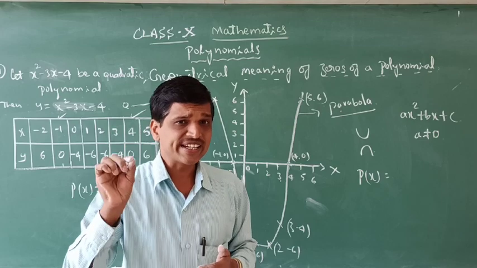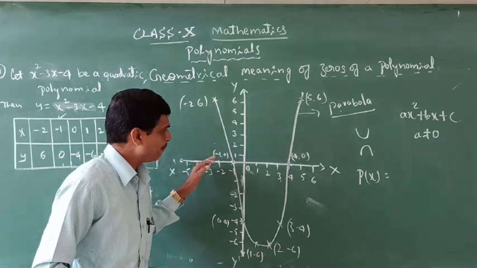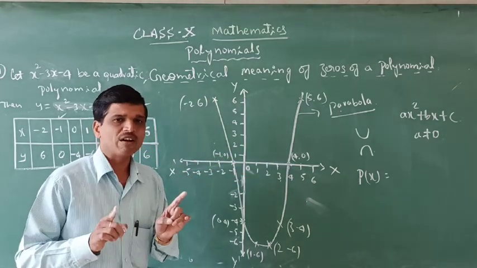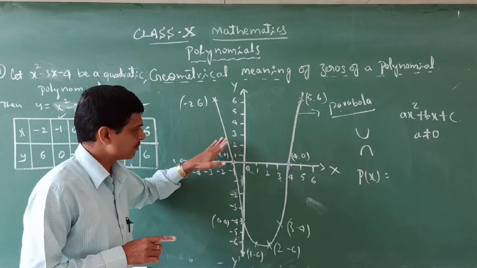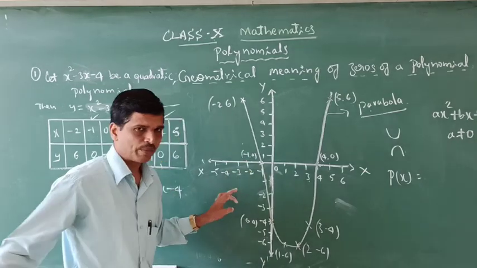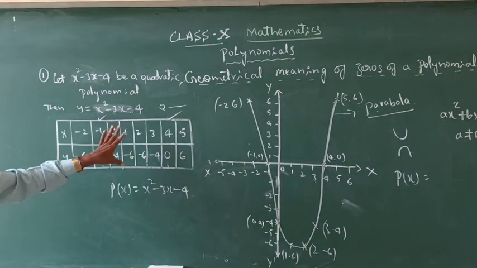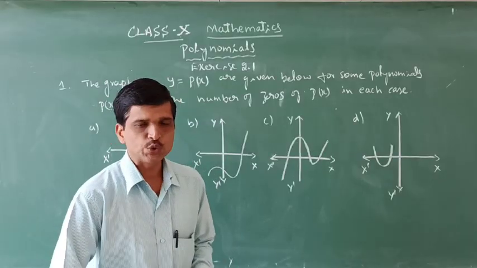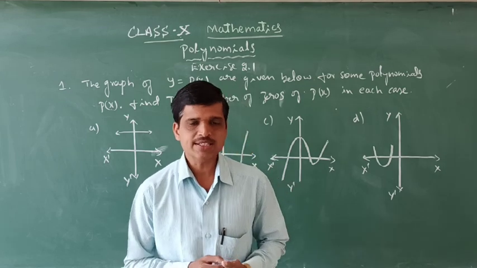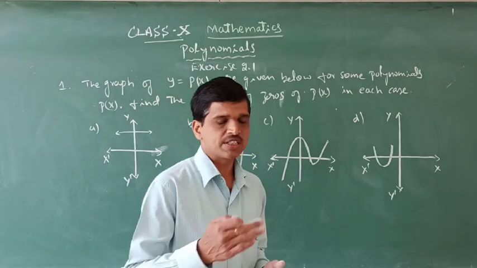It should intersect the x-axis, and based on how many points it touches, that number of points will be the zeros of the polynomial, at which the polynomial becomes 0. Based upon these two examples, the linear polynomial and the quadratic polynomial, you know how to represent them on a graph.